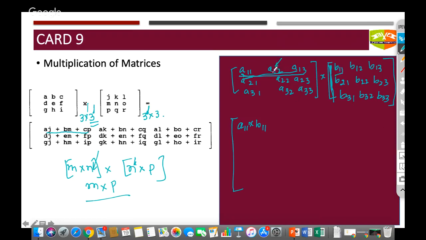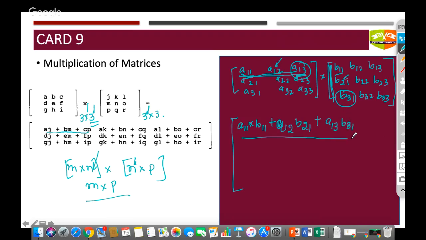I take the second term in the row and multiply the second term in the column and add here. So A12 into B21 plus I take the third element in the row and here the third element in the column, so A13 into B31.